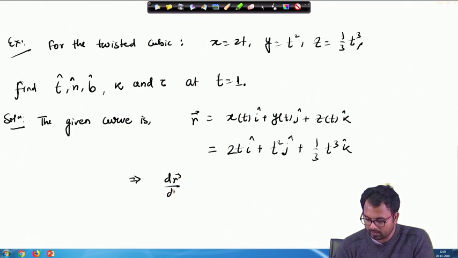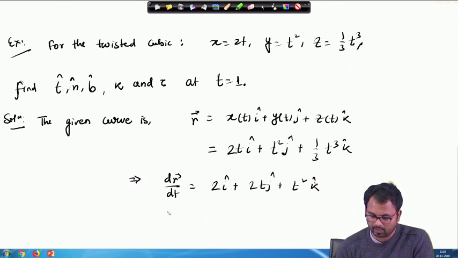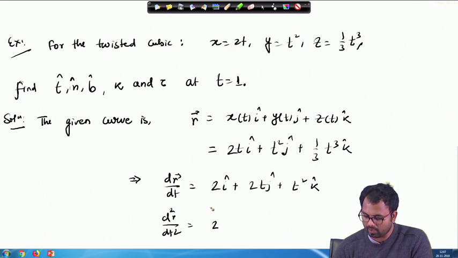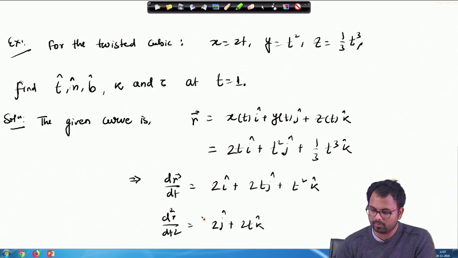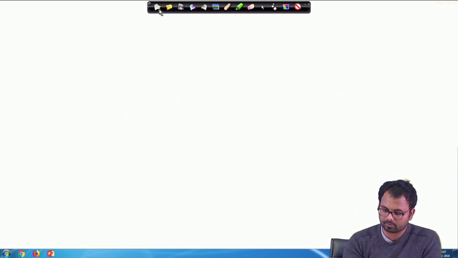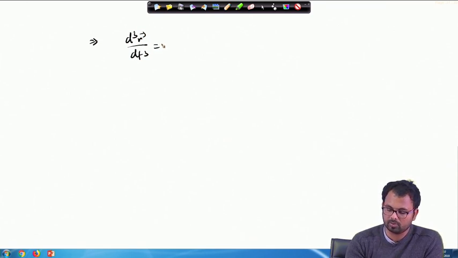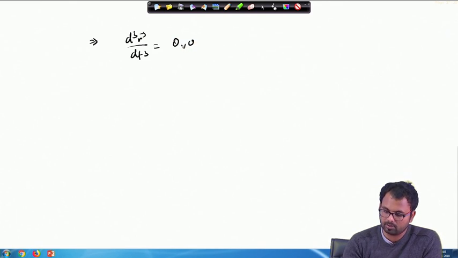So, dr/dt is 2 i plus 2t j plus t squared k, and we will calculate d squared r by dt squared, or r double dot, then this will be 0 i, we will not write that, 2 j plus 2t k, and then we will calculate d cubed r by dt cubed, which is 0 plus 0, so we will avoid writing those zeros and just write 2 k.